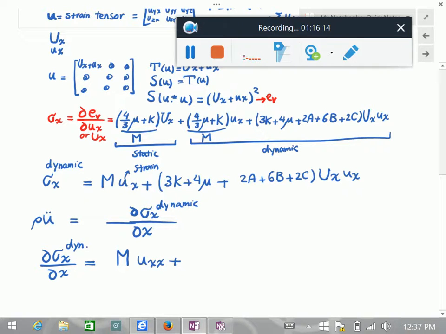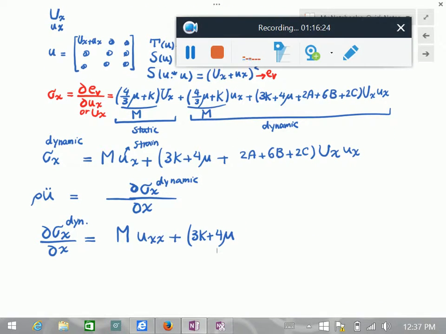And then I write this a little bit differently. So we take 3k plus 4 mu out in a way. And we write the rest like this.